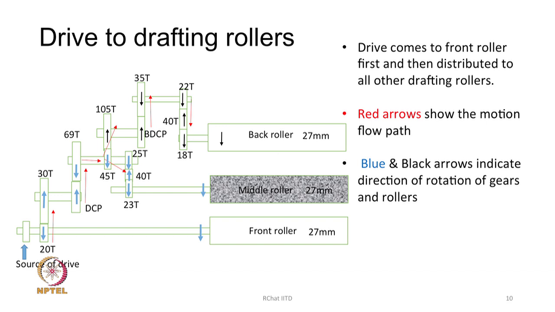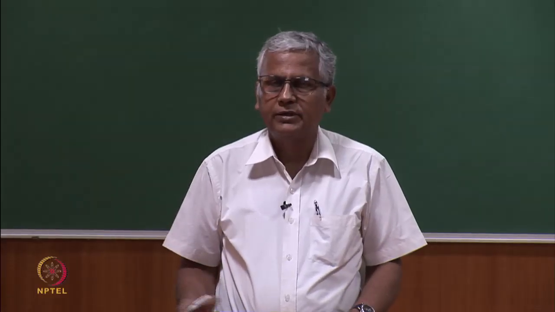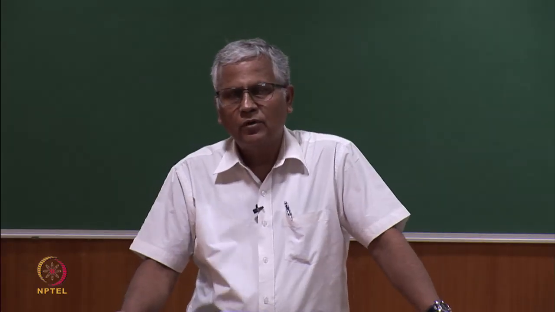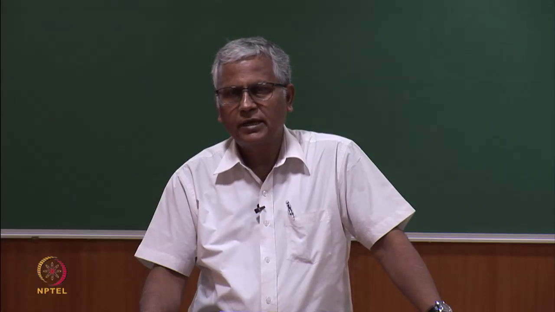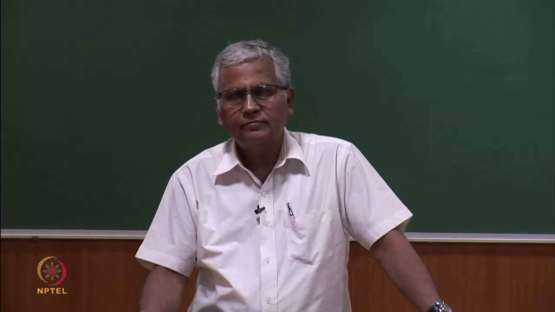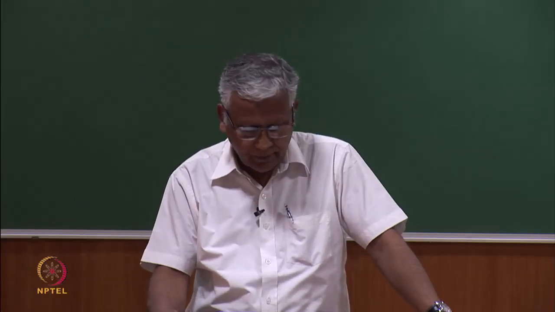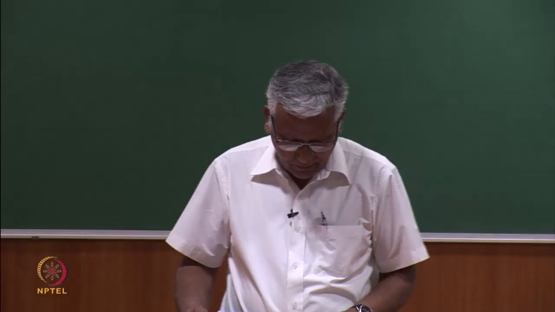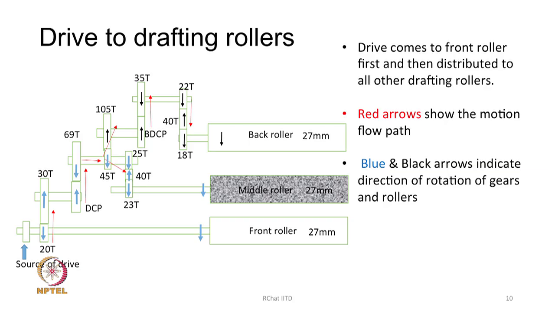The other drive that we give is the drive to the drafting rollers. Let us try to understand how the drive is given. Drive comes to the front roller first. If I try to trace the path of motion flow from the previous diagram, or we can take the gearing diagram of any machine and look at it, we will find that from the motor to the central shaft, the drive ultimately reaches the front roller first, and from the front roller the drive is distributed.